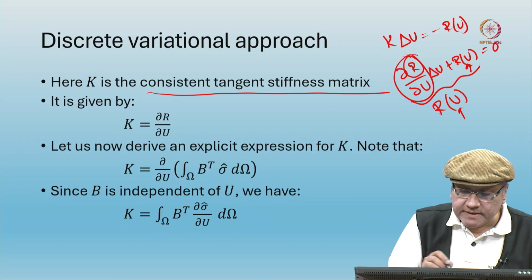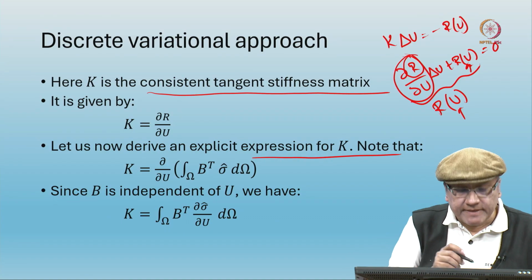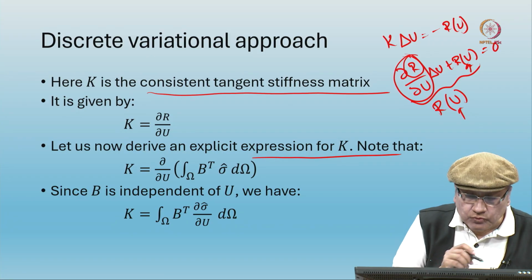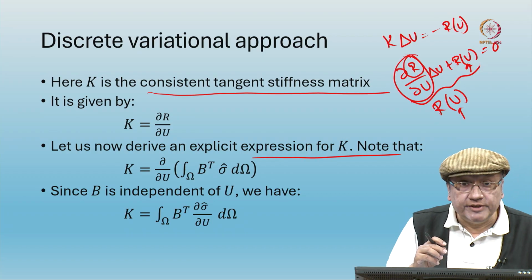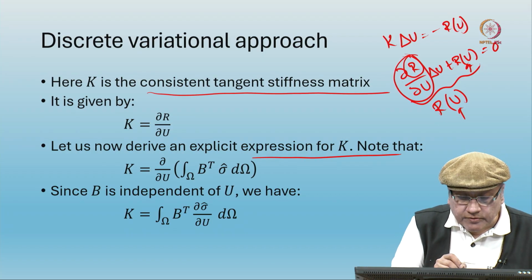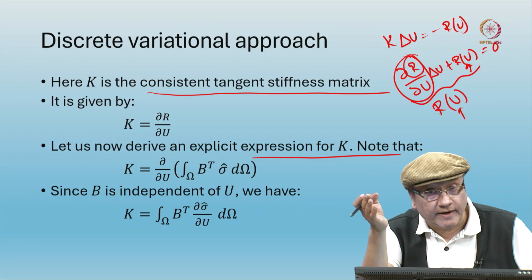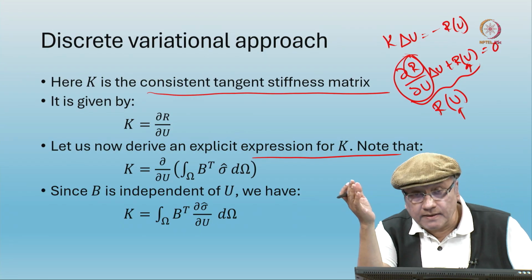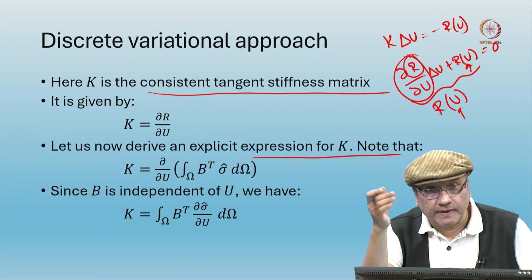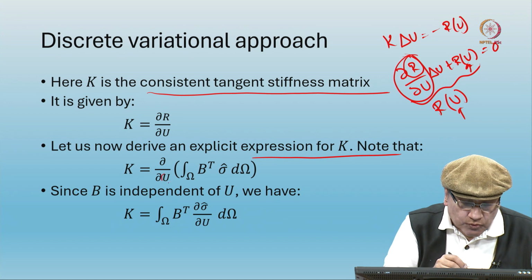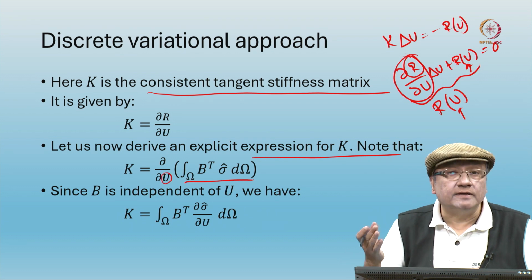Now let us derive an explicit expression for this K. K is basically del by del u of R. R has an expression given earlier by the integral over omega of B transpose sigma hat d omega. We derived it. The other part of R does not really depend on u. The only part which depends on u is this, that is the F internal.